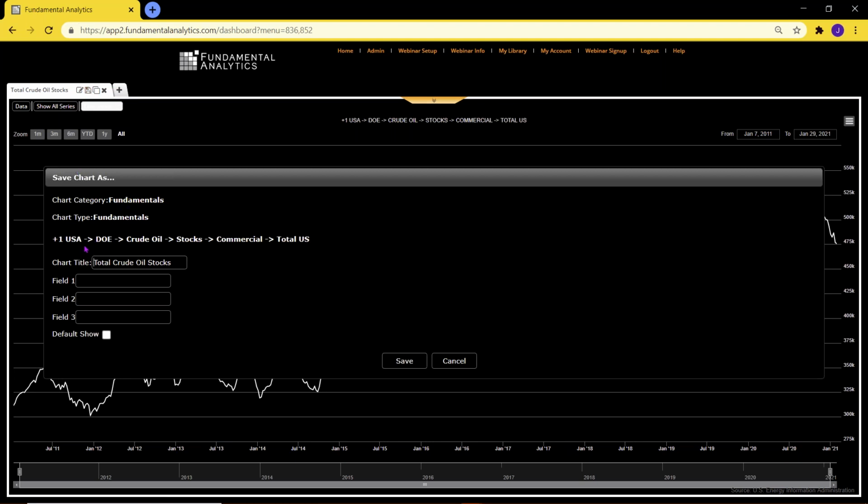It shows me what we call the breadcrumbs, the steps to get there, and the title that we've assigned it. And you have other fields for defining the information, because if you have a whole set of crude oil information, a whole set of gasoline or natural gas information, you can then organize it by whatever measures you want to use.